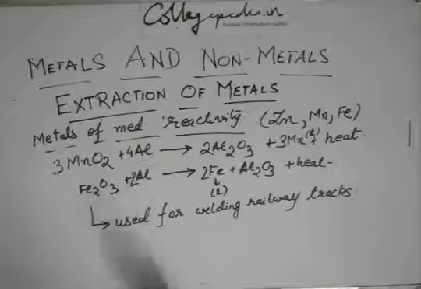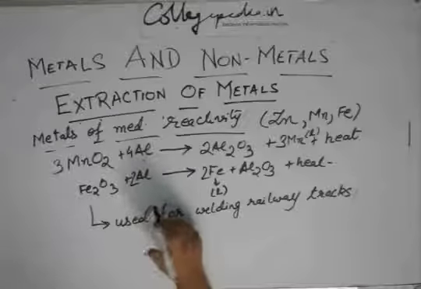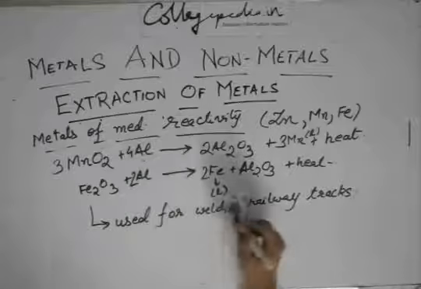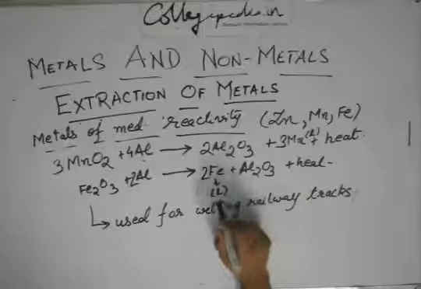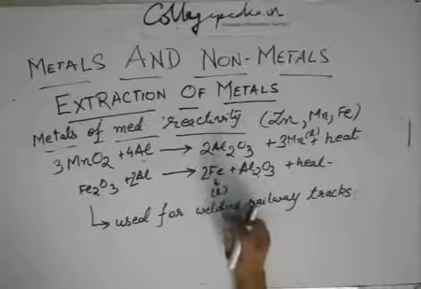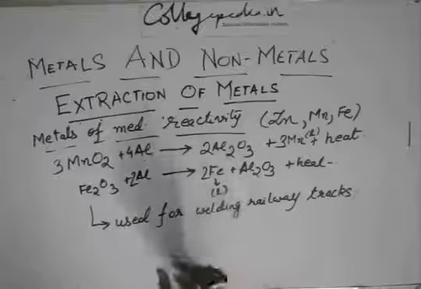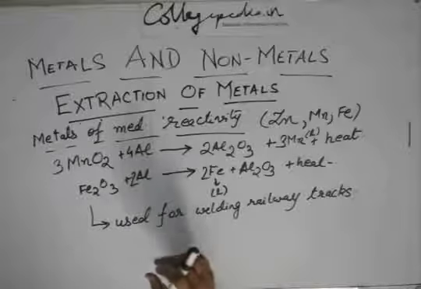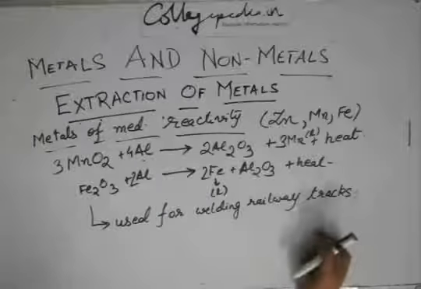So what they do is that they take Fe2O3, they put Al in it, and they get Fe in liquid form, and this liquid Fe they fill in the crack, and then it solidifies, and so the crack between the two is filled with iron, and so the track is welded.